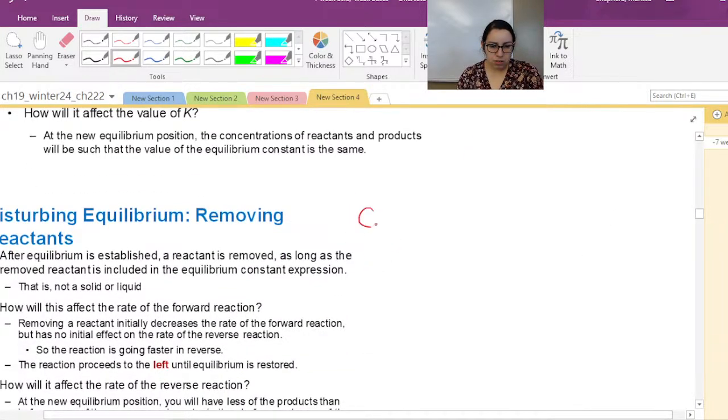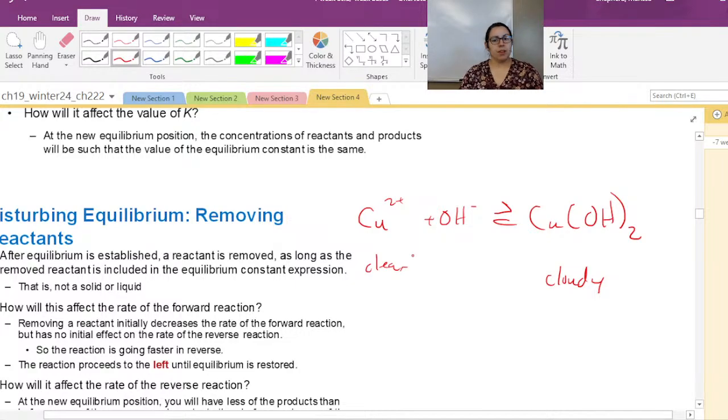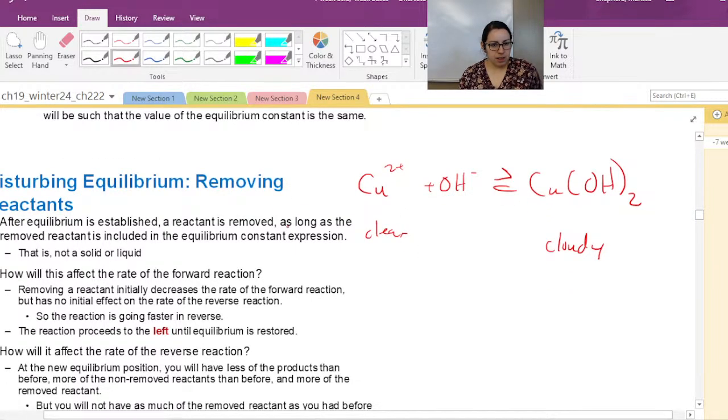So you can also do copper plus hydroxide, which gives you this cloudy copper hydroxide solution once they form a complex. And so this is easy then to think about. If we have copper plus hydroxide ions, and at some point they make this solid compound, well, we can remove reactants.